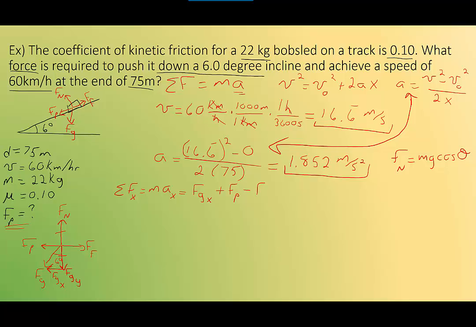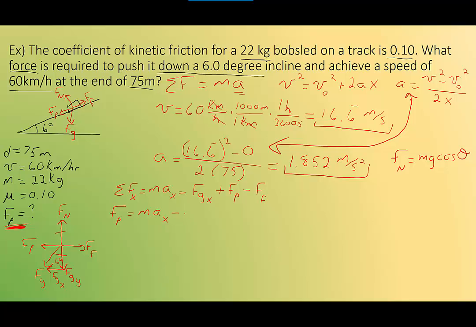And opposing that, we have the force of friction. I'm looking for FP, remember. I want to know what is that push force. So I'm going to rearrange this equation to solve for FP. So that means that FP is equal to ma in the x direction minus FGx.